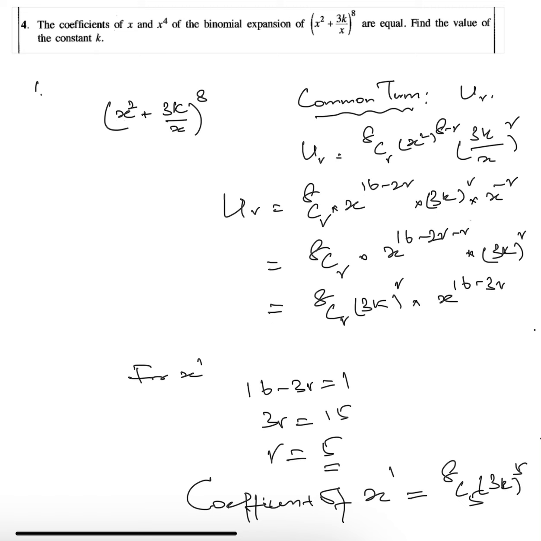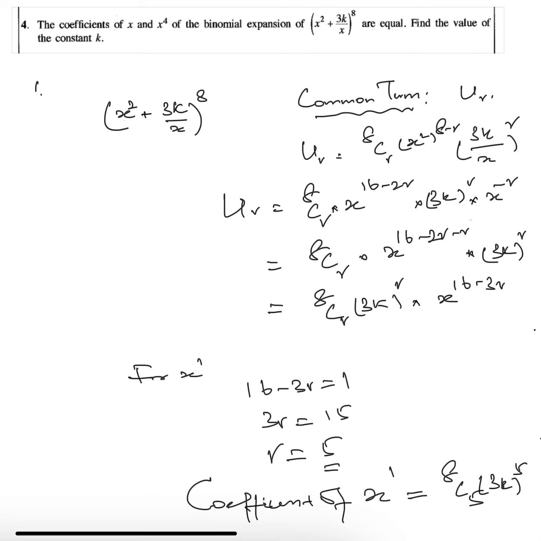To do this question, we could find the common term. Because of the power of 8, there are 9 terms, so writing the whole lot is time consuming. So we find the common term, where r is between 0 and 8.